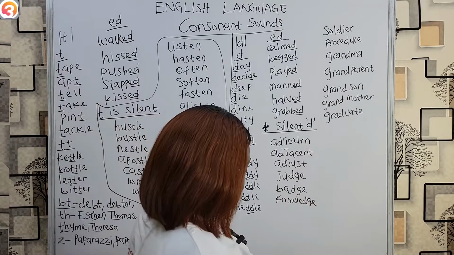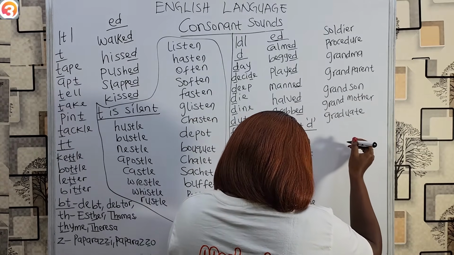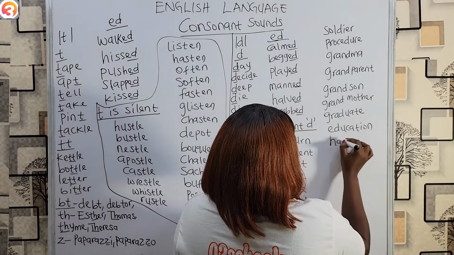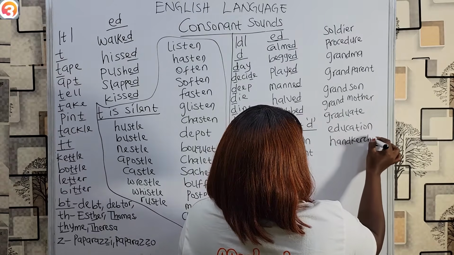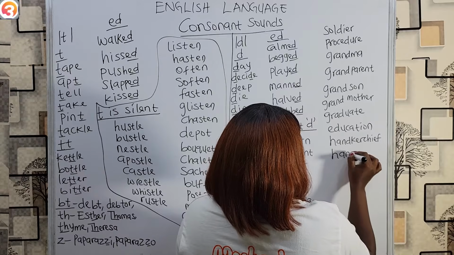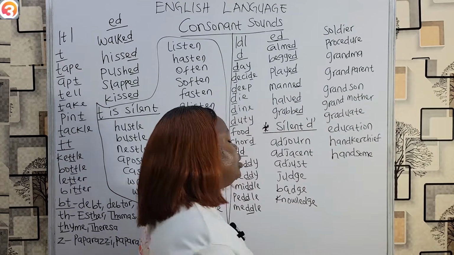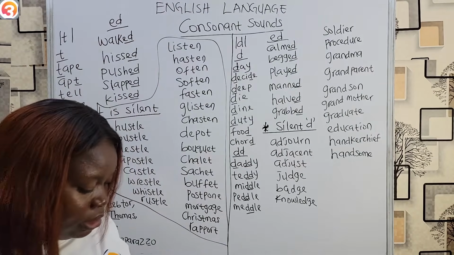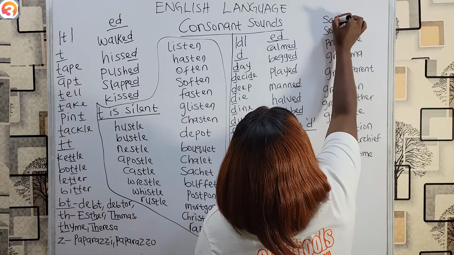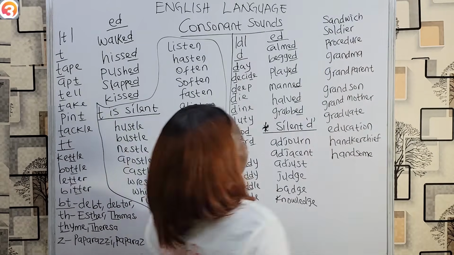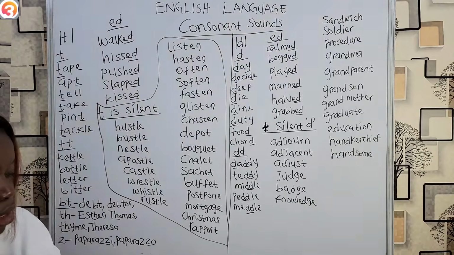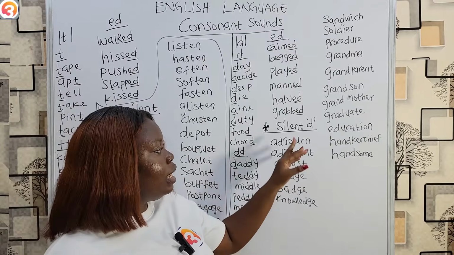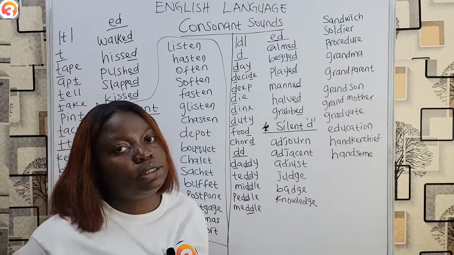These are words that have silent D. You have handkerchief, handsome. So in these words, we do not pronounce the D in them. I put soldier there, right? Sandwich. These words contain silent D. We say they contain silent D because we do not pronounce the D in these words. So though the letter is there, the consonant sound is not in these words.